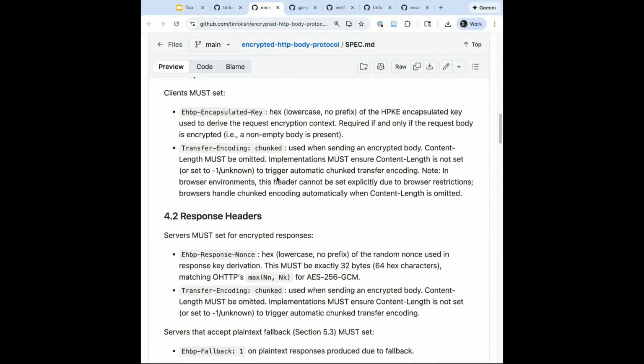This binds the response to the request and makes sure that the response can only be read by the client. It notably doesn't do anything like complex sequencing of messages. This is a one-shot, there-and-back protocol. If the server was stateful, we would want to see something with a little more session binding, where you can prevent reordering attacks and replay attacks.